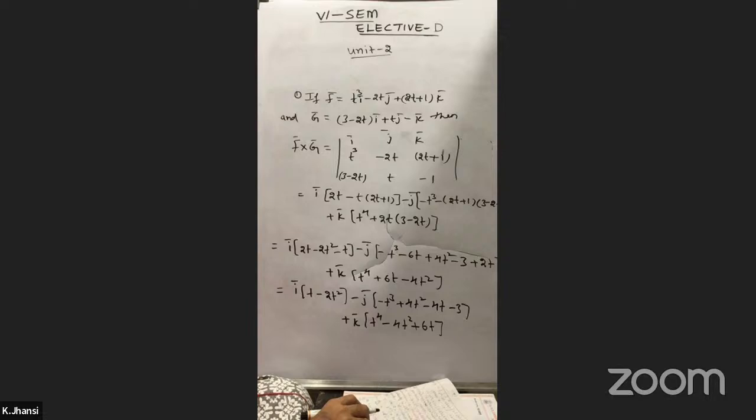Now you have to do the differentiation of this one. So you will get it as d by dt of f cross g, or else we go to the table.